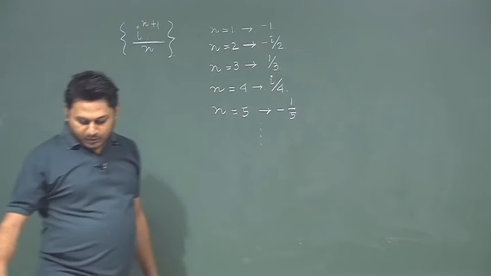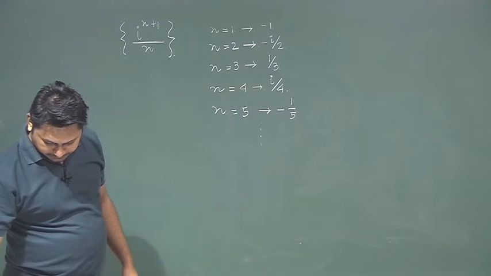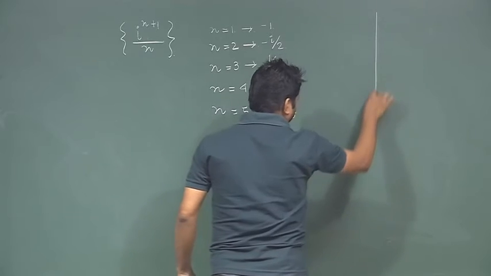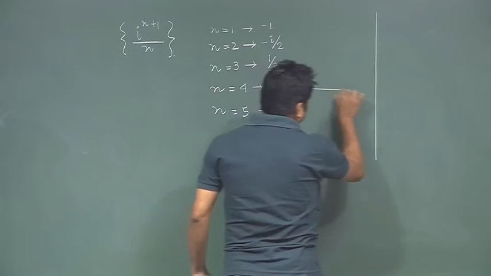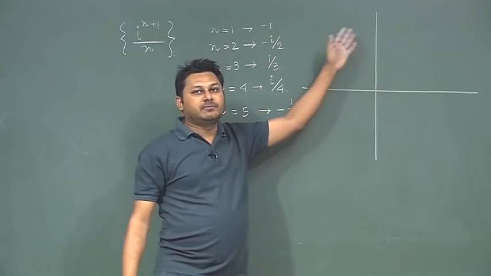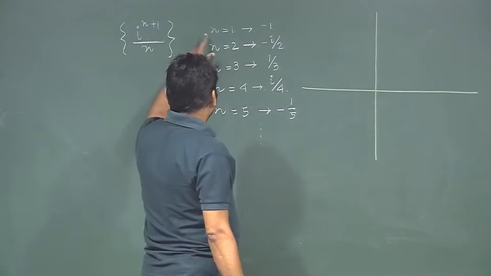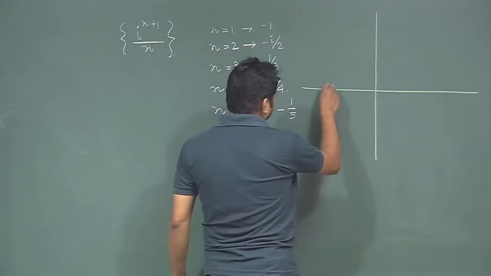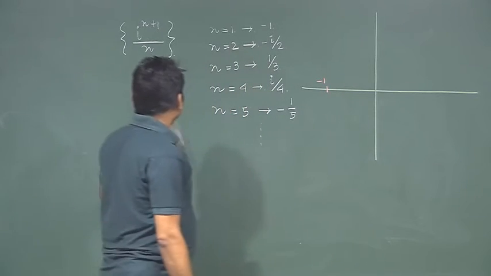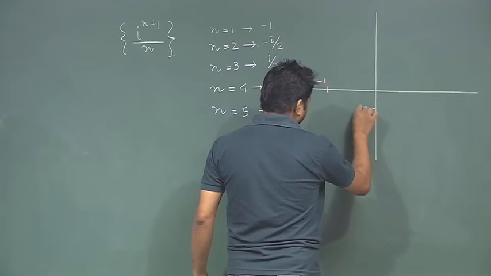Now, let me put the coordinate. I want to put these numbers in this complex plane, and if I do that, then I find n equal to 1 is -1. So, the first point is, say, this is -1 here, the second point is minus i by 2, somewhere here.